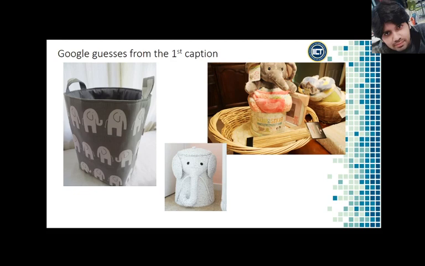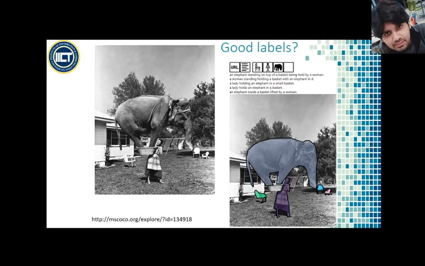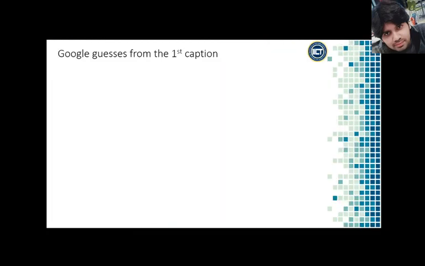Here you will not see any human holding an elephant in a basket. So you can see how good a label is for a particular image by trying different labels and seeing if Google returns similar images to the image shown here.